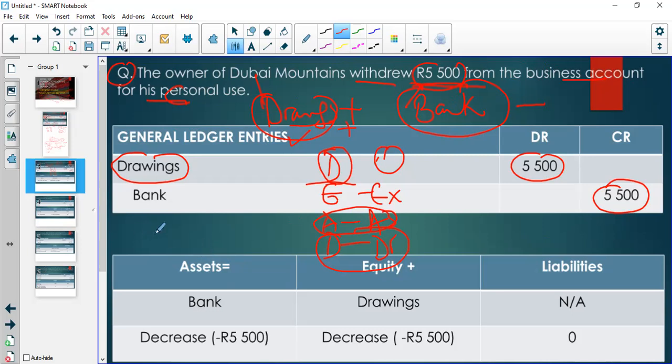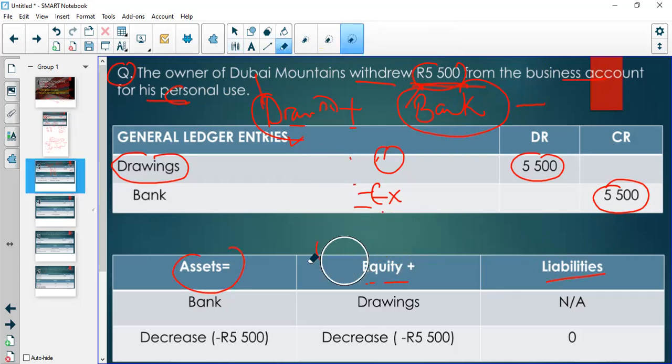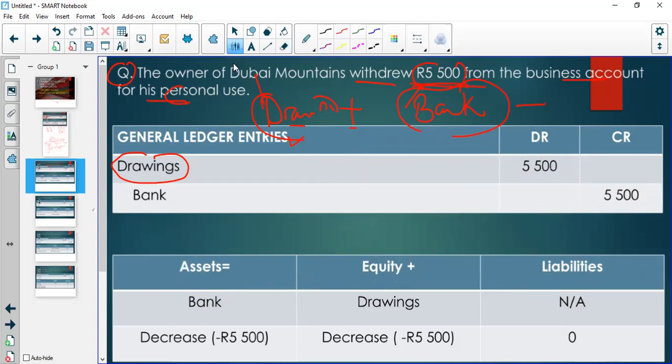So our basic accounting equation here says assets is equal to equity plus liabilities. One thing you need to pay attention to is that your examiners will not always present it in the form of assets is equal to equity plus liabilities. This is an equation, so they might say equity is equal to assets minus liabilities, and you have to do the filling using this.